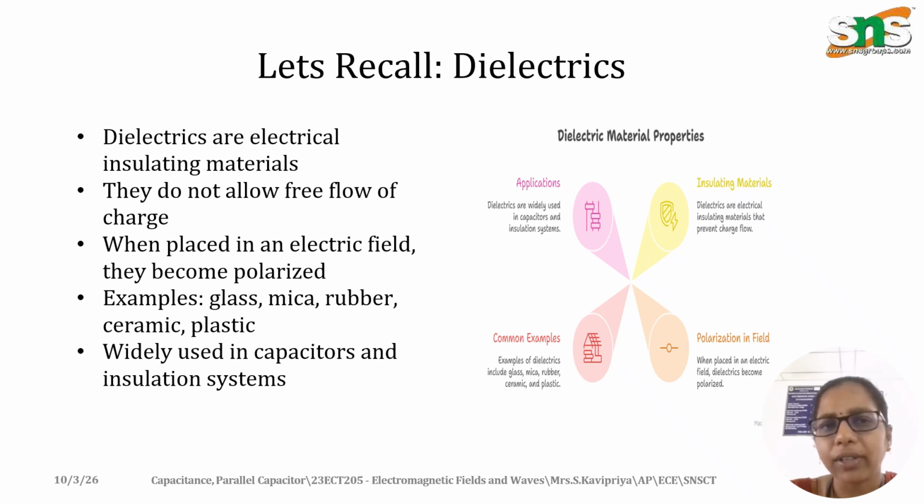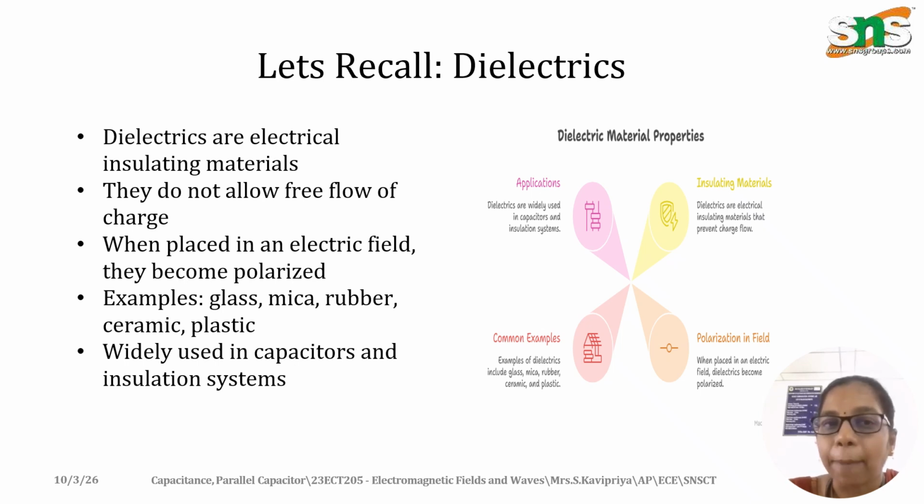Before starting with the discussion, let's recall the dielectric material. As we have discussed in the last video, dielectric materials are exactly opposite to conducting materials. Here we won't have a free movement of charges. It contains only bound charges. So when an electric field is applied to a dielectric material, polarization occurs, which means that positive and negative charges will be separated.